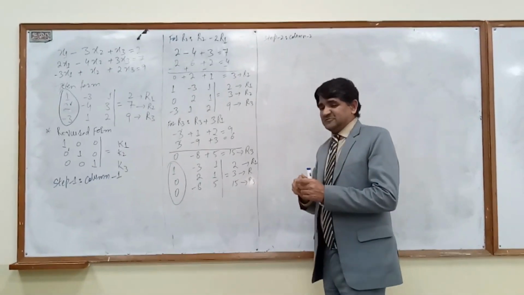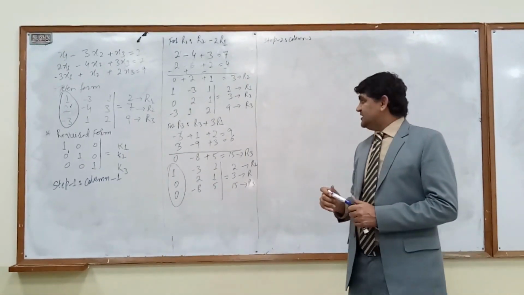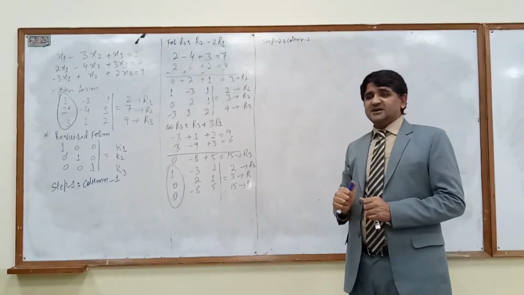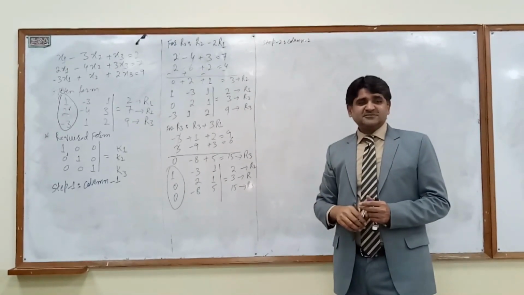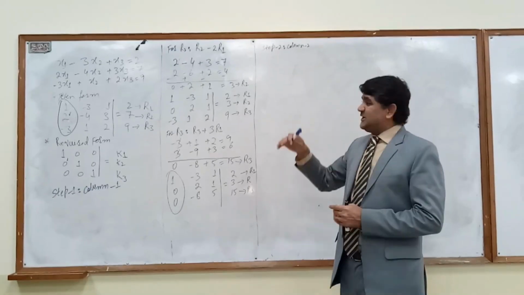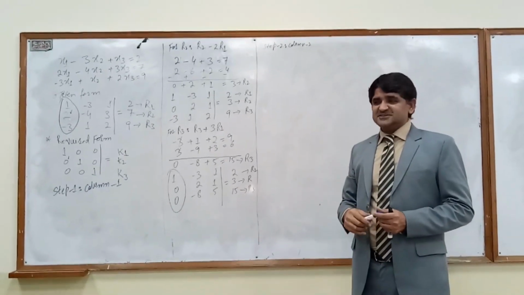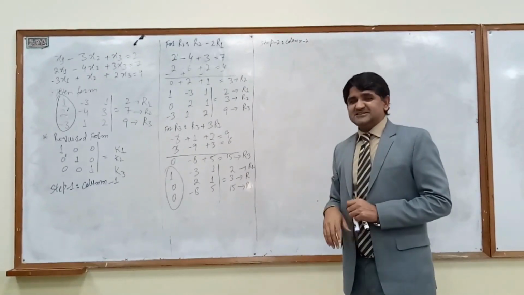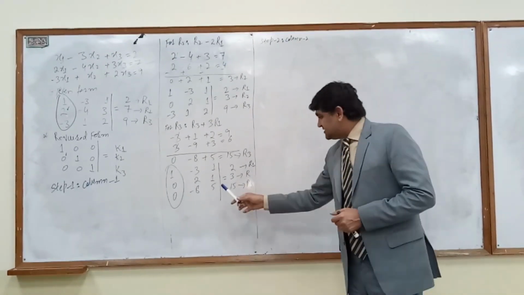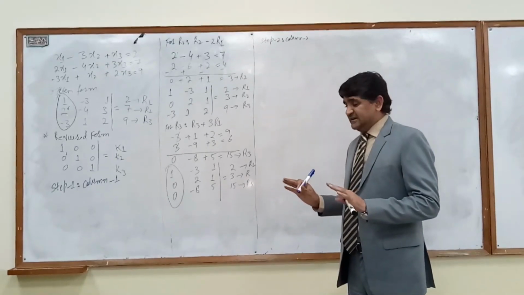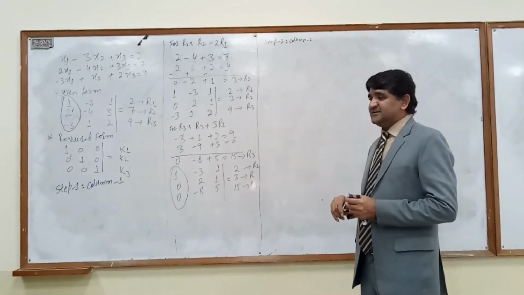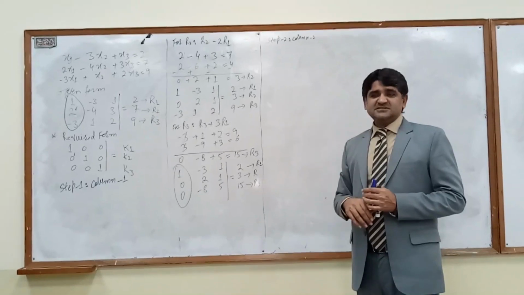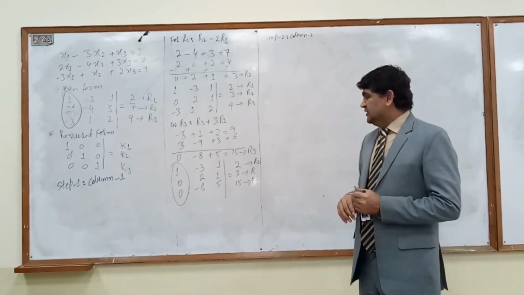As we have discussed in our previous class, while we are talking about column 1, we start our operationalization from row 1. If we talk about column 2, we start our operationalization from row 2. When we are in column 3 or step 3, we'll be starting from row 3. In this case, we will be starting from row 2.